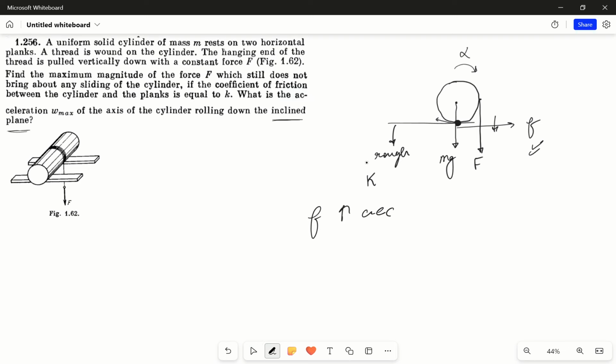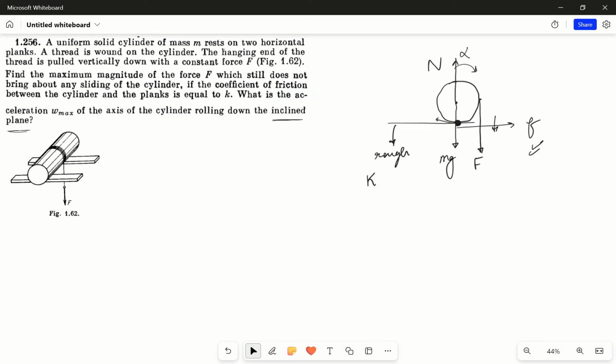So the idea is simple. We have to write the force equation, the torque equation, and the maximum friction equation, right? So from this FBD, what you can see is what is the normal acting on this cylinder. Normal would be in the vertically upward direction.